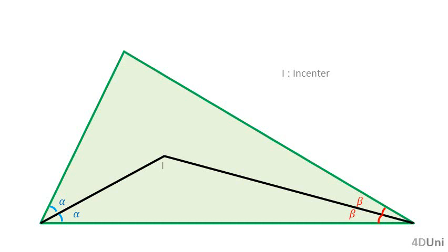To determine the position of the incenter, it is enough to get the intersection point of two interior angle bisectors. The third interior angle bisector should necessarily contain the incenter. In other words, in the figure shown, theta is equal to sigma. This is something that one can demonstrate using properties of congruent triangles.